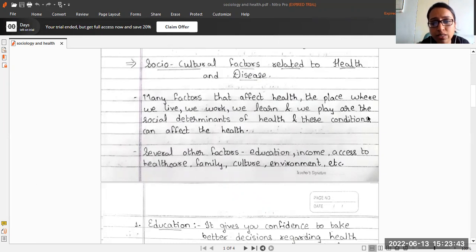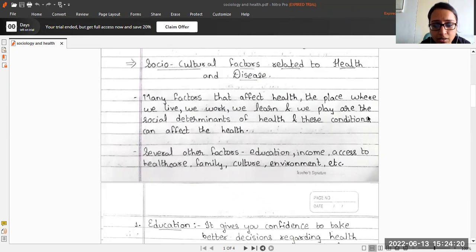In this, we will study the factors that are related to health and disease. Simply we can say the place where we live, work, learn, or play, all these places and factors are included, as the socio-cultural features of these places will affect our health in a positive or a negative way, for betterment or for deterioration.